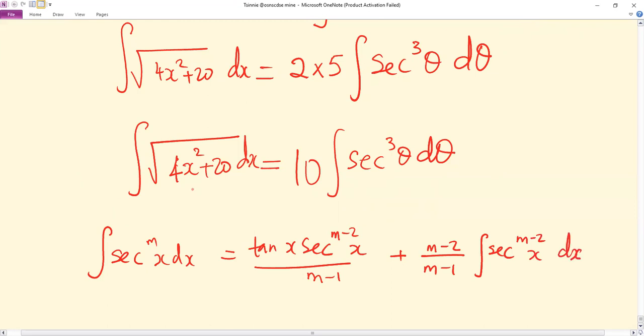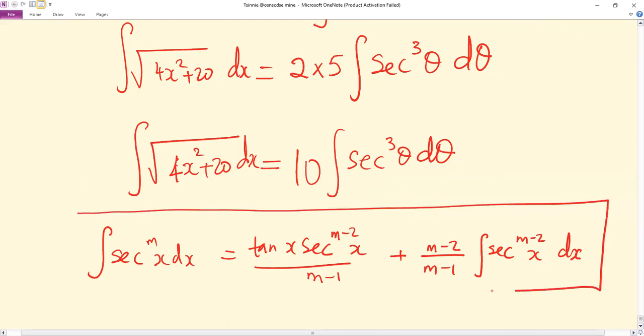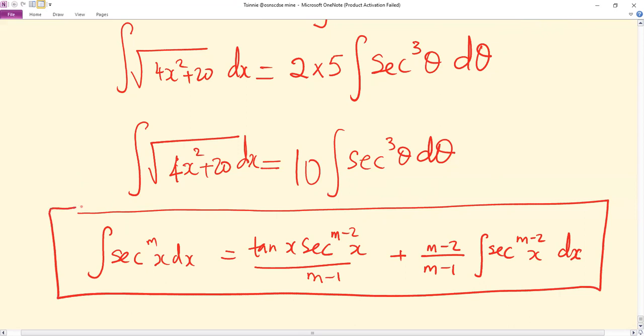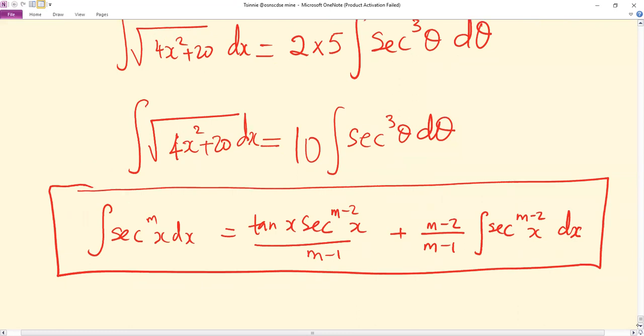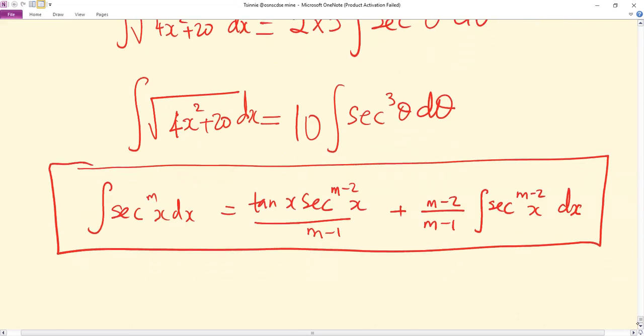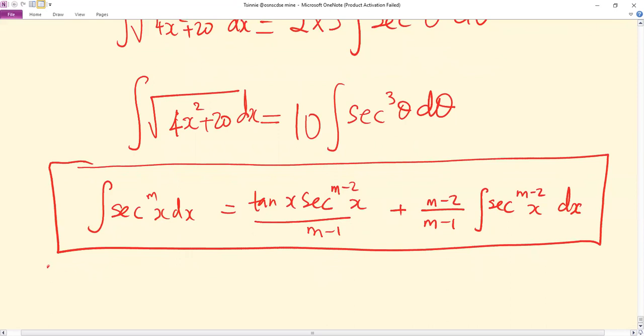This is the reduction formula for the sec power n integral. So our interest is to find the integral of sec cubed theta d theta.